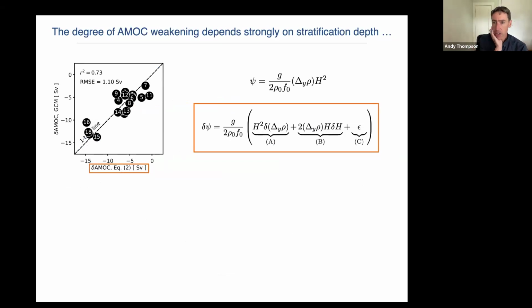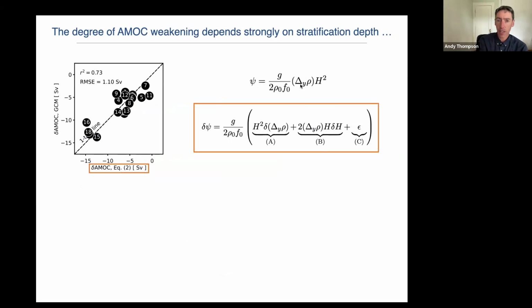So to do that, we went back to our thermal wind relationship that I showed you before. Remember that vertically sheared velocity was dependent on a density difference. And when I showed you some of the results from that scenario, the density difference did seem to be pretty strongly correlated with changes in the overturning, but it wasn't perfect.